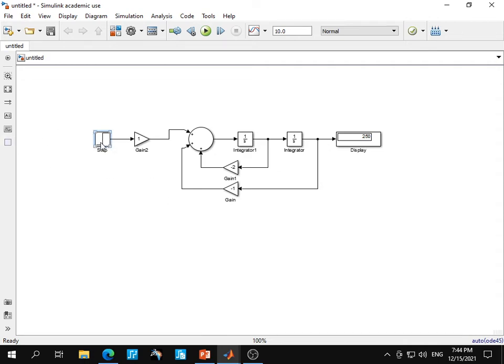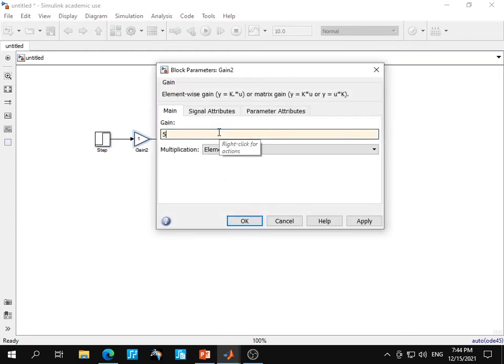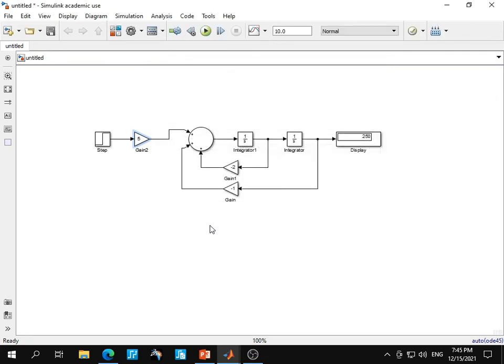If you use step, when time is 0, the value is 0. When you click start, then the 0 value becomes 1. And what you want is to set this value to 5. So you have a gain of 5. So now you complete the Simulink model.